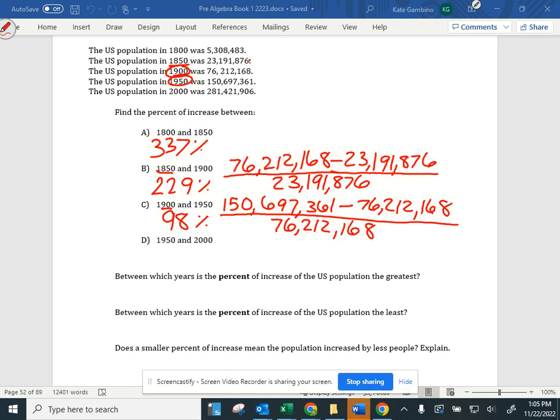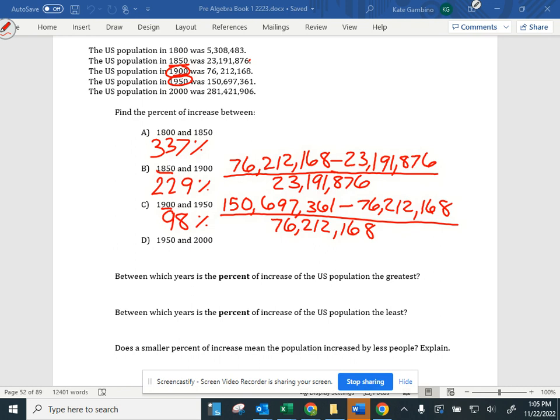Is there anybody who's not sure where they went wrong? Tegan, what did you get for 150 million minus the 76 million? It is the 53.